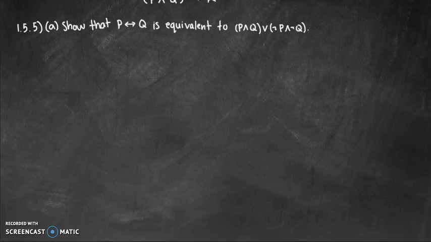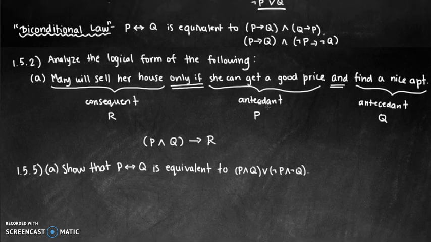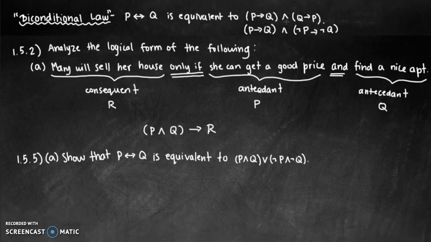Now this one is much trickier. 1.5.5 part A. Show that the biconditional P if and only if Q is equivalent to P and Q or not P and not Q. So first we want to break this biconditional down into our identities, which we had before of our biconditional law up here. So I'm going to use the first one.